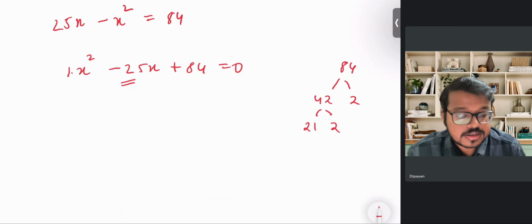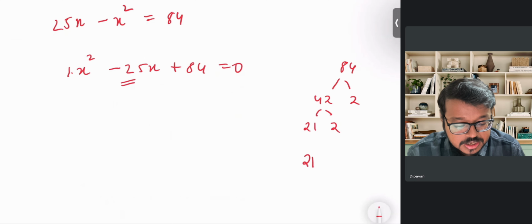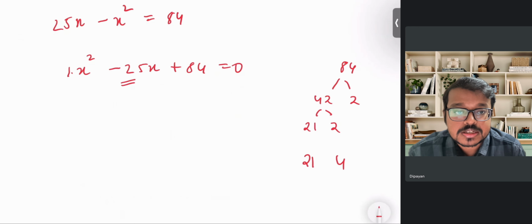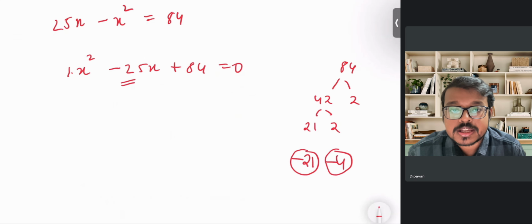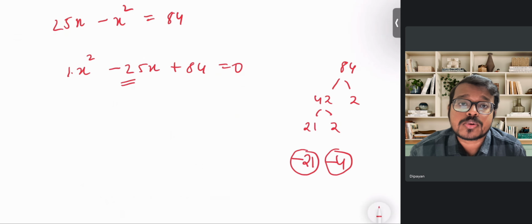So if I take a look at a combination, I can see that 21 into 2 into 2, which is 4, can give me 84. I need the sum to be negative 25, product to be positive 84. So I can choose negative 21 and negative 4, so that the sum is minus 25 and the product is positive 84.